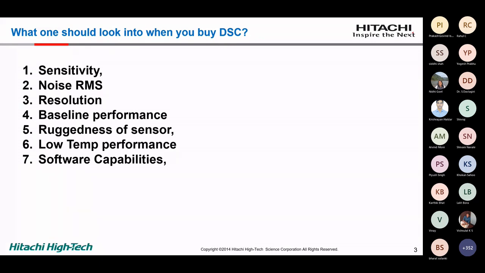Most of the time you will find that resolution is improved, but the sensitivity is compromised. That should not happen. What is the baseline performance, the ruggedness of the sensor, how is the low temperature performance, and what are the different software bundled along with the instrument? These are the 7 important capabilities one should look into when you want to get the best data from any thermal analysis equipment. I am talking particularly about DSC right now.